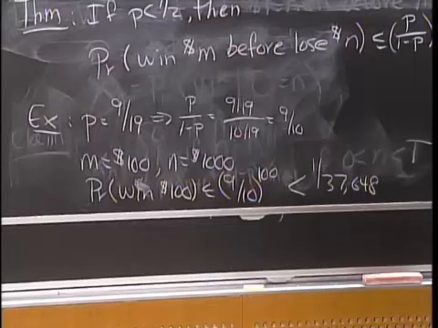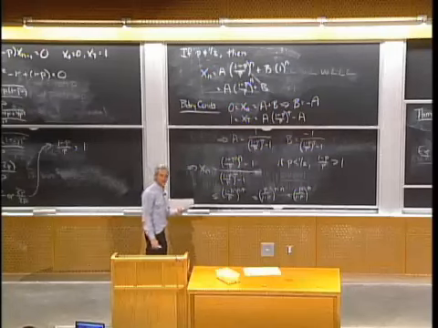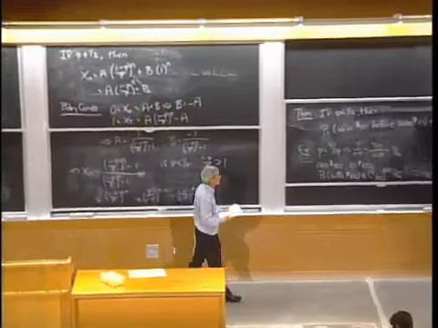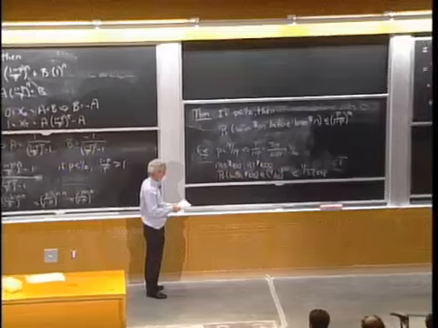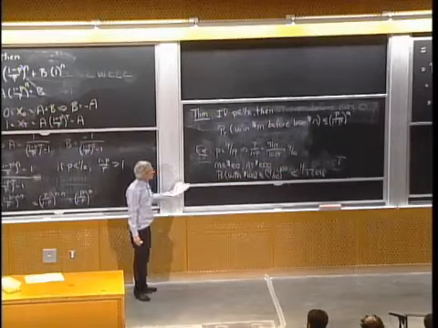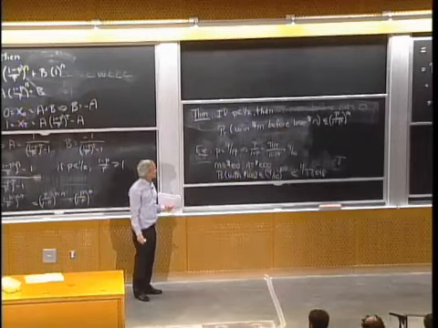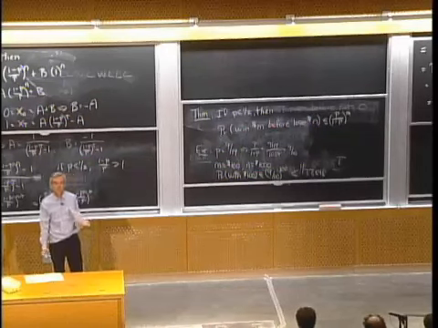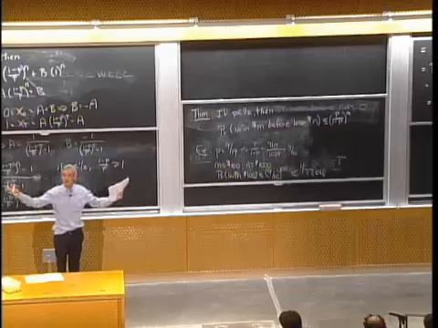Now you can see why my mother-in-law may have gotten lost somewhere in the calculations, but this is a proof that the chance you win $100 before you lose $1,000 is very, very small. Now, do you see why the answer is no better than if you came with $1 million in your pocket? Say you came with n equals $1 million.